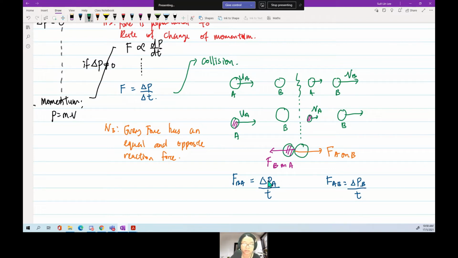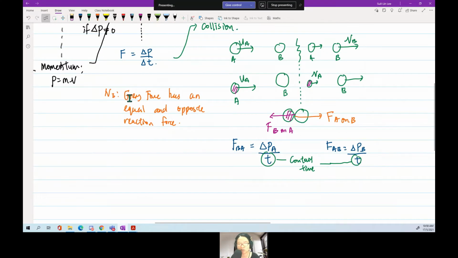So this T here is your contact time where the balls are touching each other. Okay. Since we know from Newton's third law, these two forces are the same magnitude, FBA and FAB are an action-reaction pair.